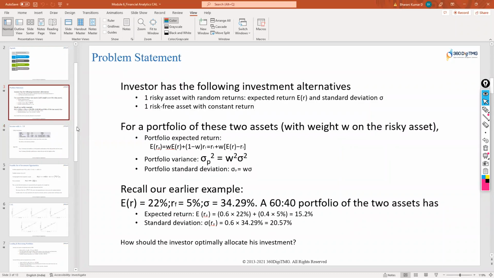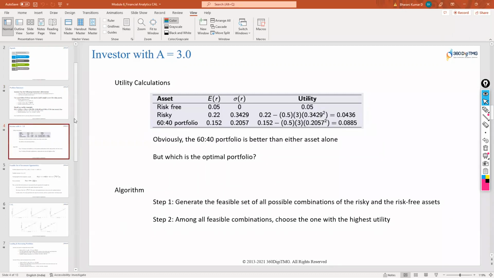For that, we also came up with the formula for expected return and risk. Only if you have expected return and risk can you calculate utility, because that is expected return minus half A sigma square. And assume that A is 3.